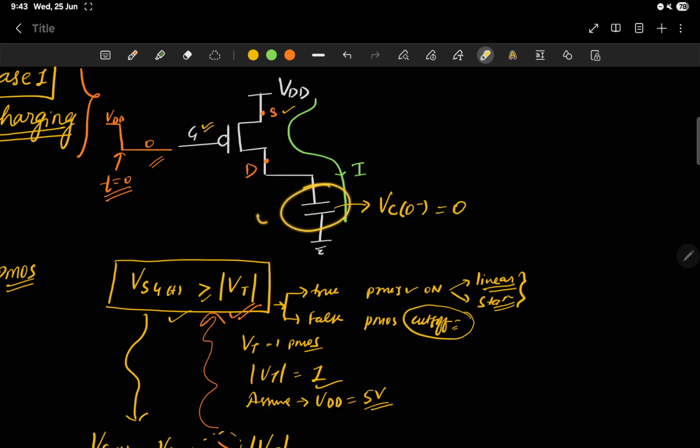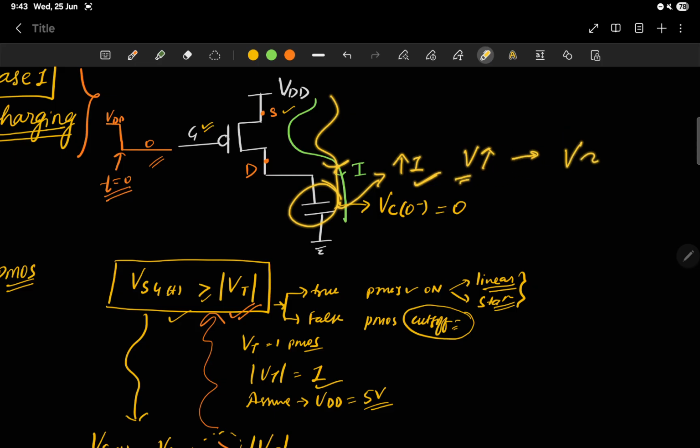My capacitor will start charging as soon as current flows, and current will increase. The voltage will increase, and at some point the capacitor voltage will start opposing the flow of current, but still the capacitor will charge. So current will decrease.